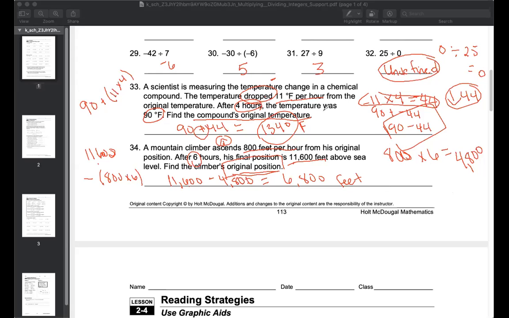All right, any questions about either of these word problems? No. All right. We're going to keep moving down this document.